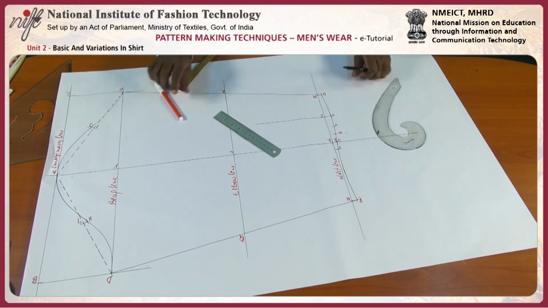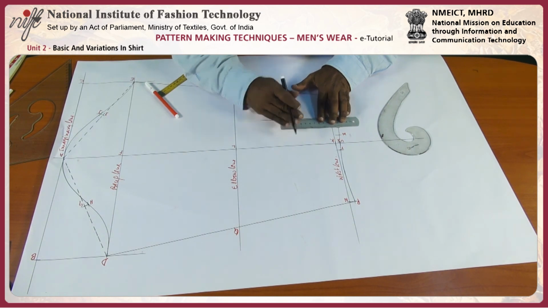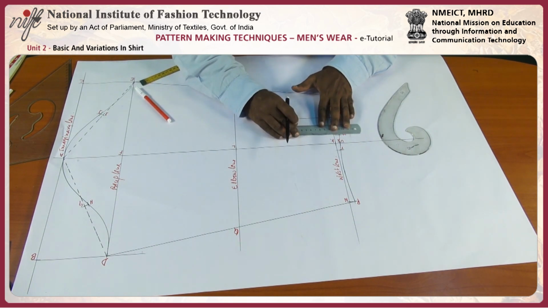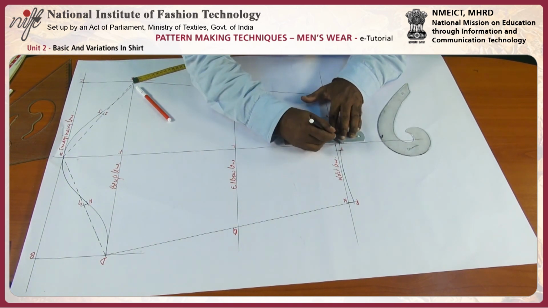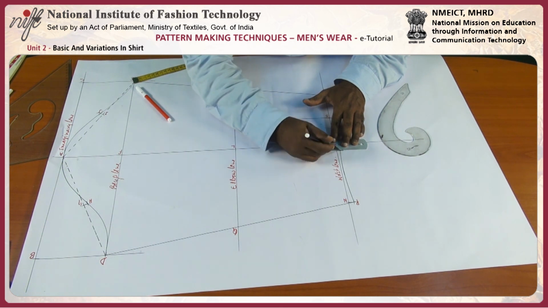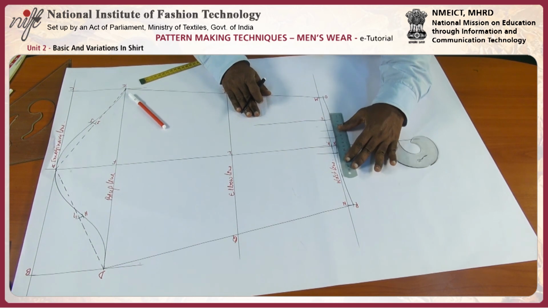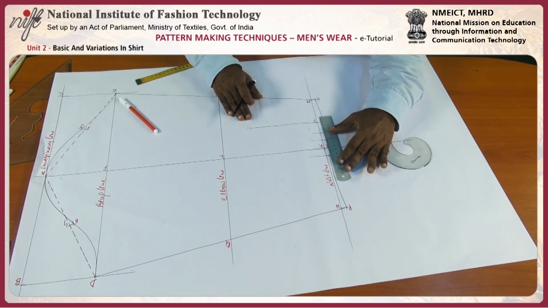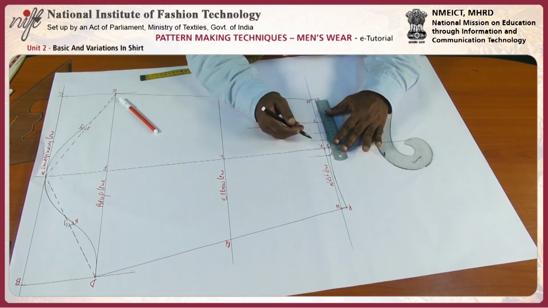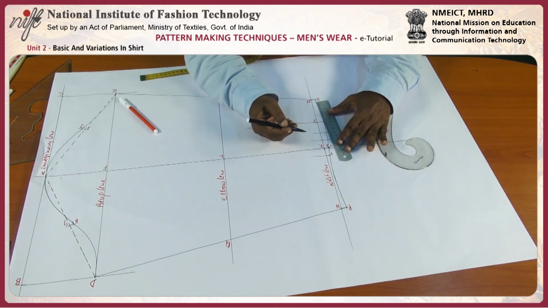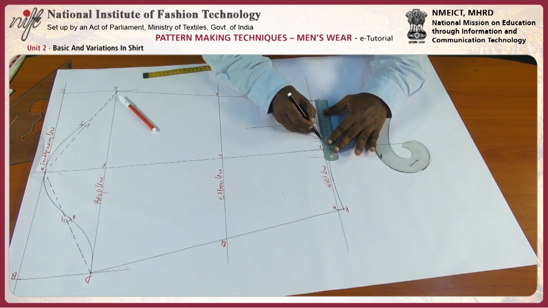These pleats can be shown with a shading mark that will be the indication of placing the pleat. Sometimes this can be shown as directions so that operators or whoever stitches the garment understand the positioning of the pleat.